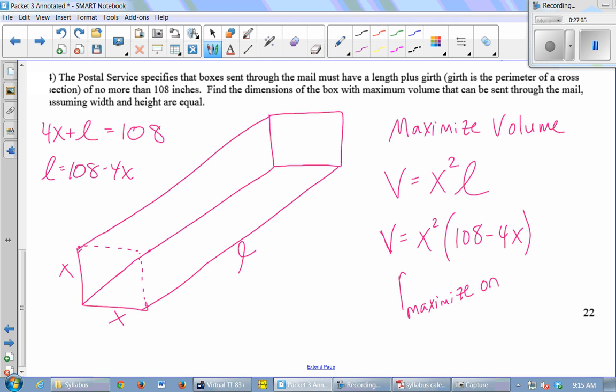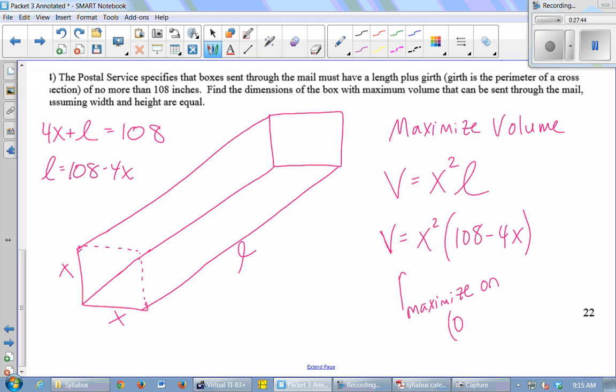Okay, what's the smallest I would want to make L, or that I could make L? Approaching 0. Same for x, right? So something teeny tiny, but not 0, because then the box won't exist and we'll have no volume, right? And then the biggest I could make x, 108 divided by 4, and then my length would be 0, and there'd be no box.